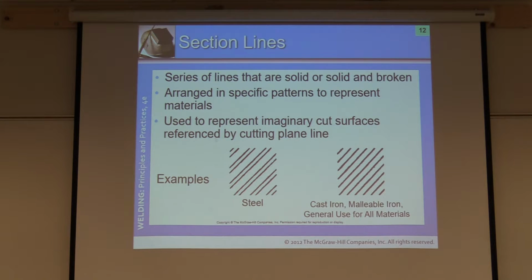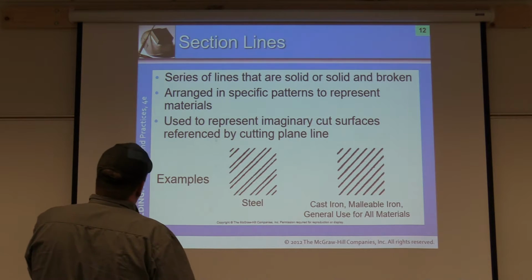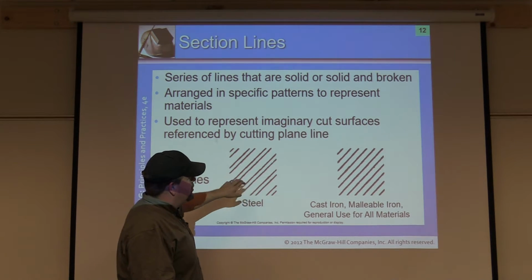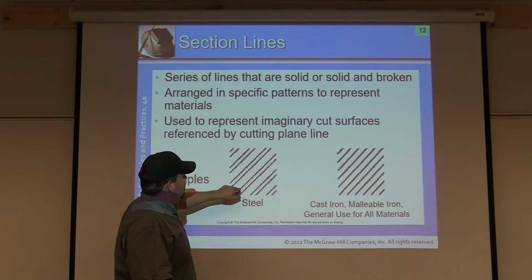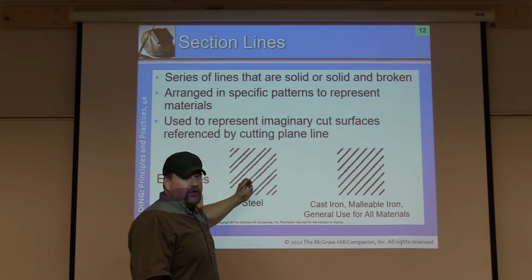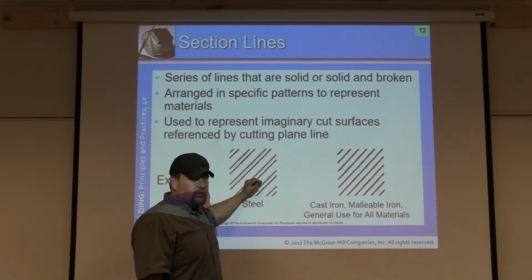Series of lines that are solid or broken. So if you're going into an engineering spec, you'll probably see more of this than you would in just everyday shop use. A lot of times they'll just give you what the material is. They may show you a shaded area. However, for the most part, I've always made sure to pay attention to the details within the drawing of what grade of material and type of material it is.